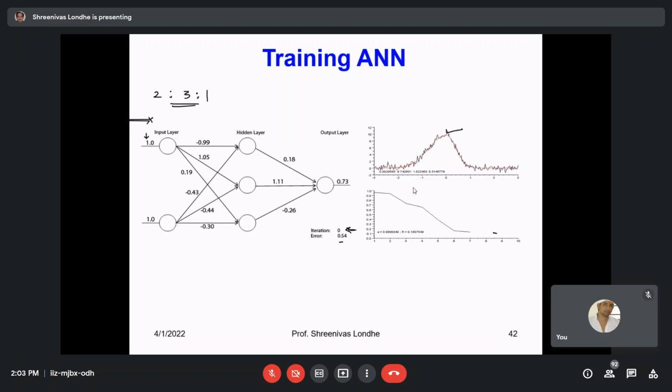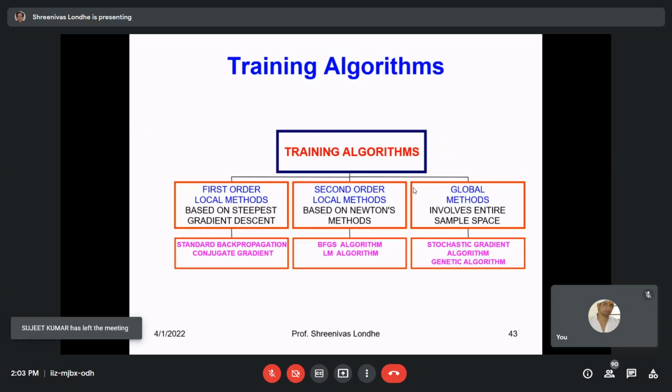See, when this red line reaches the observed high peak, it is giving good performance at its best. The error is very, very low. So when the error is reduced to the lowest level, definitely the answer will be improved. So this is how we can train the neural network by every iteration.